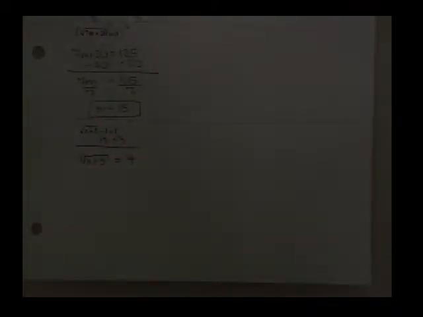Okay. The next problem, what's our first step? Get the radical by itself by adding 3 on each side. So we get the square root of x plus 5 equals 4. Now the radical is by itself, so we're ready to raise to a power. What power do we raise to? Second.